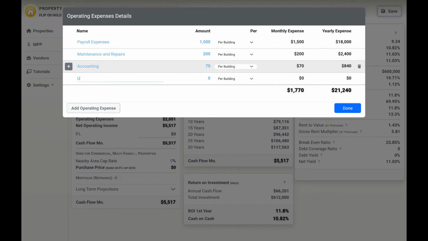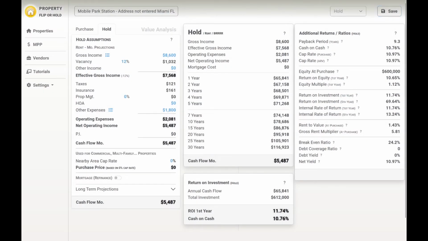And then they're saying that they have utilities at about $30 a month, which is about $360 per year. So in monthly expenses, we have $1,800. And for the yearly, it's $21,600 is what they're stating. Again, I think it's going to be higher than that.